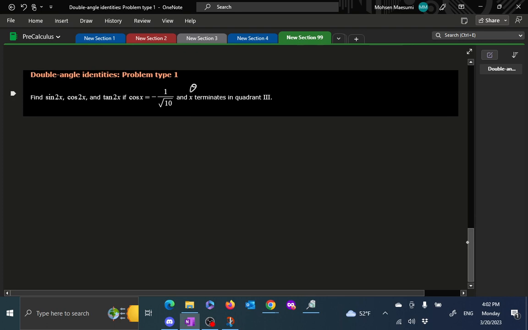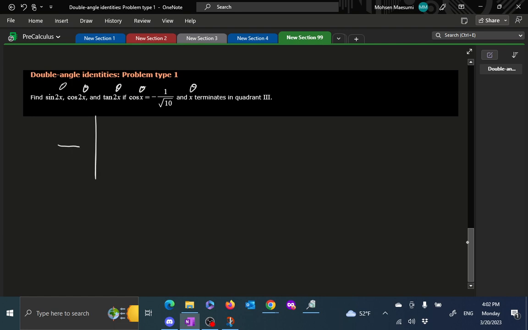So again, let's call this thing theta. We are in quadrant 3. So I kept x as the name of this axis instead of angle. I'm in quadrant 3. This is my angle theta. I'll come up to here.